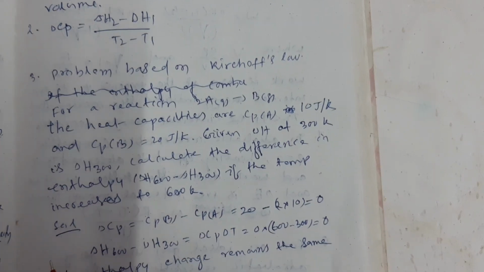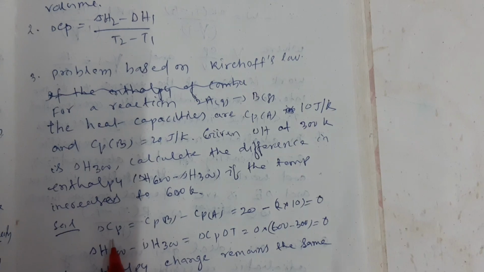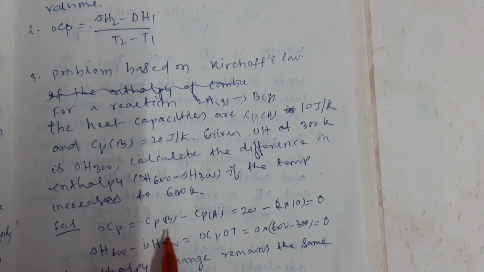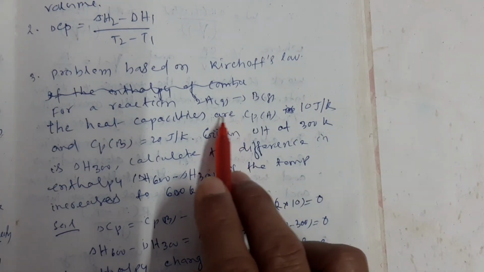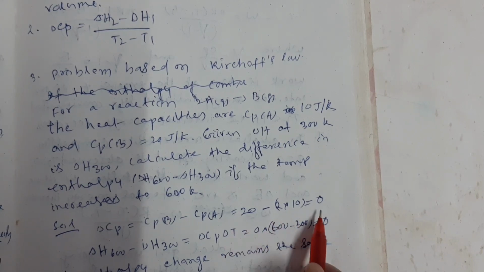Okay, so you note what are the things given. ΔCp is equal to ΔCpB minus 2 times CpA. This is 2A, so 2 multiplied by 10. So 20 minus 2 multiplied by 10, which is 20 minus 20, equal to 0.